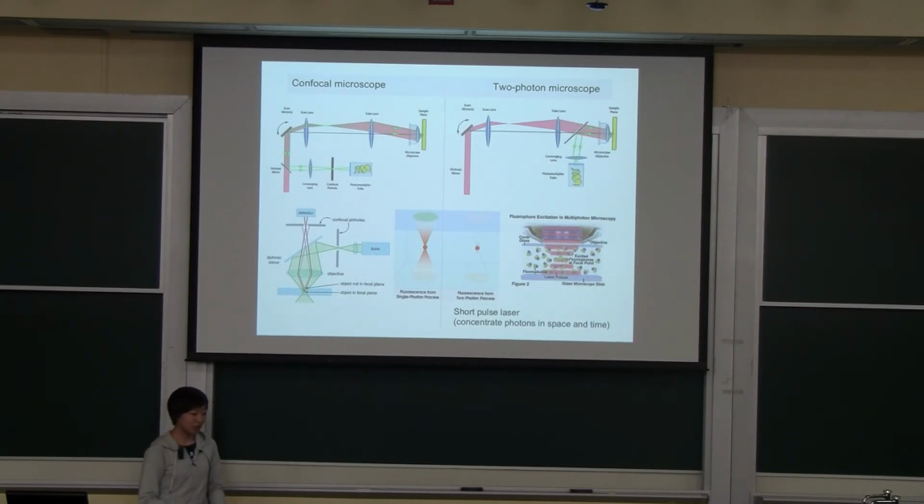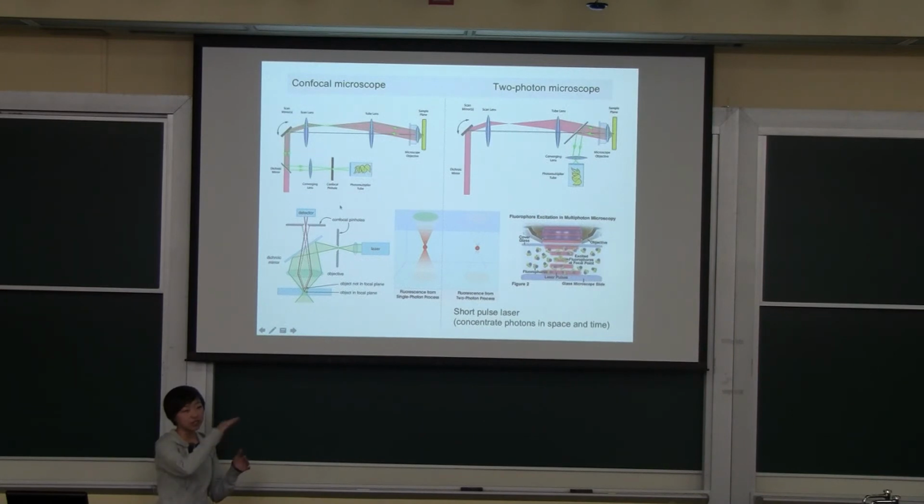Yeah, that's actually a good question because I didn't mention it in detail. If you really follow the optical path, you will figure out that you have to go through the same scan mirror to reach the same point every time. That's called descan.